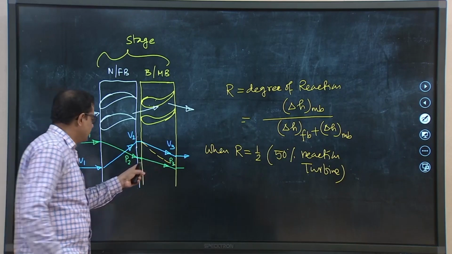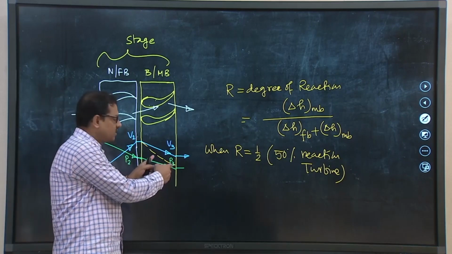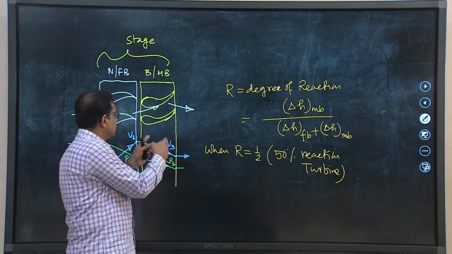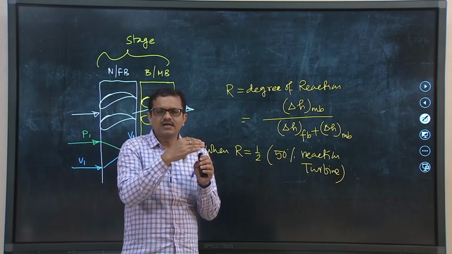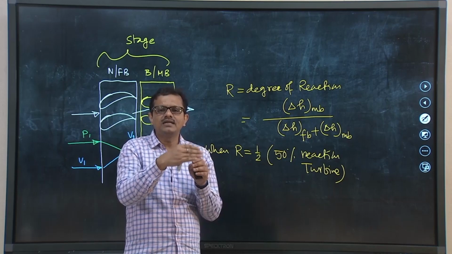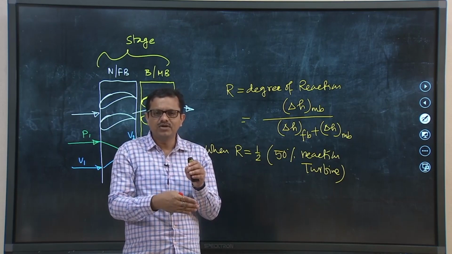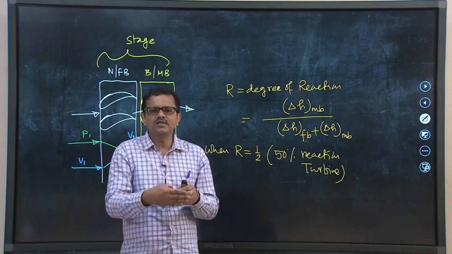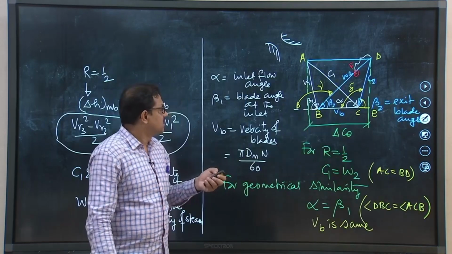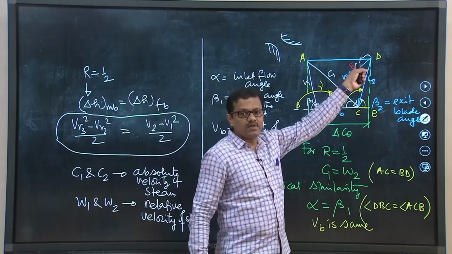So, basically it is because of this pressure drop that there will be an increase in kinetic energy of the steam, which in turn is also responsible for the increase in relative velocity that we can see from here.